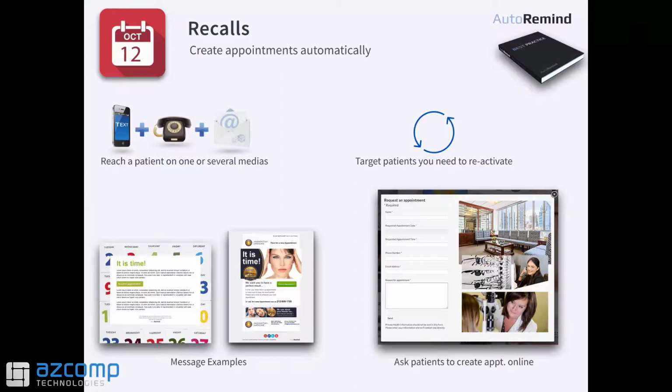So we have an automated recall system, which you can create multiple campaigns based on your reason code or the different statuses you place patients in on your schedule. It will run every day, trying to see which patients are due for a certain type of appointment, based on your practice.